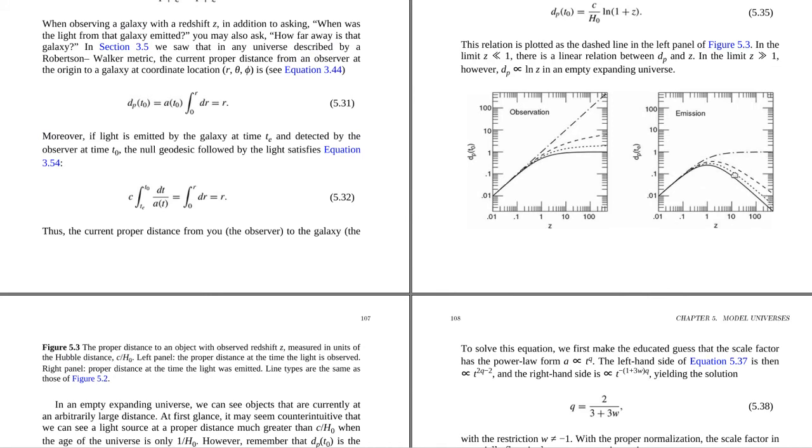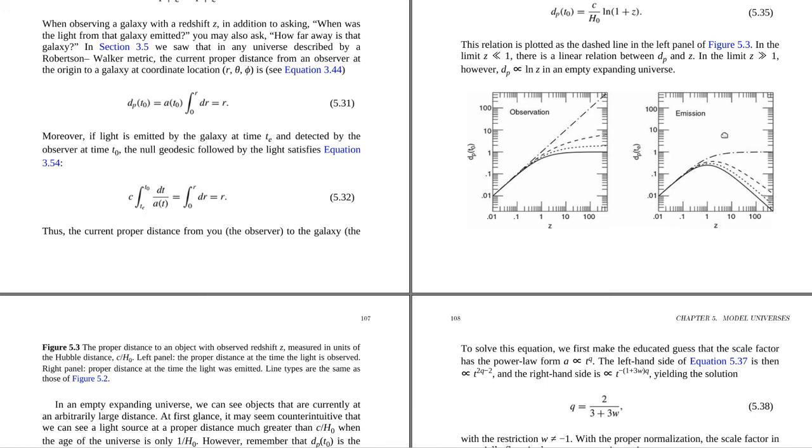So it's this dashed line. And one interesting feature of this graph is that it has a maximum. Something, of course, could have a proper distance at time of emission larger than what is given here in this universe, and those objects you are not going to be able to observe. So there is a maximum for the proper distance at the time of emission.